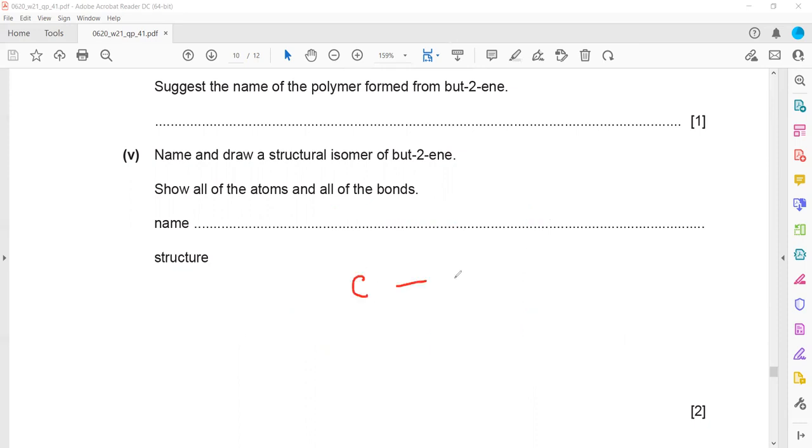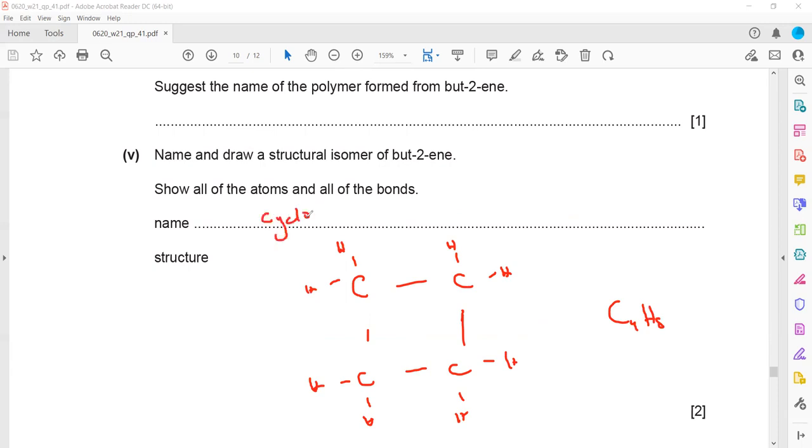I can draw 1, 2, 3, 4 carbons in a ring, in a cycle. Then this will have 2 hydrogen, this will have 2 hydrogen, this will have 2 hydrogen, and this will also have 2 hydrogen. Because the formula is C4H8, what is the name of this compound?